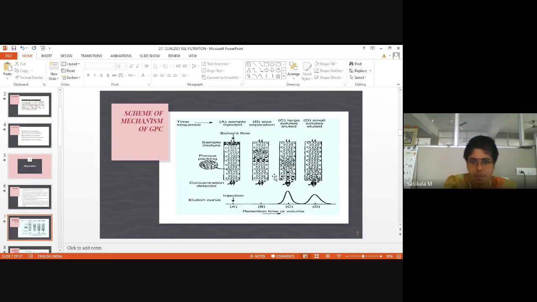And the scheme of the principle of separation by gel filtration we have discussed.